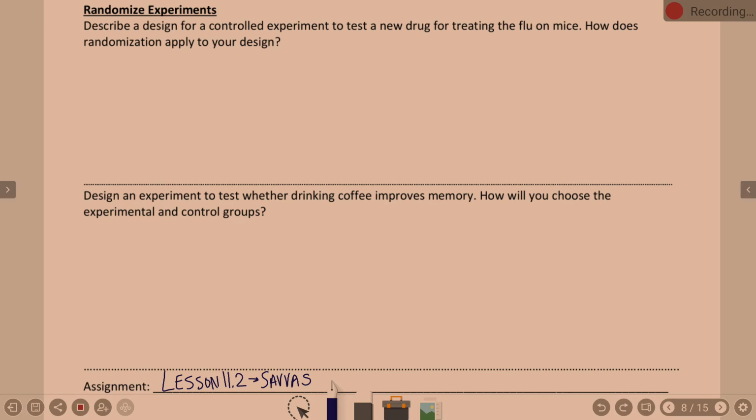So, I just have some basic kind of highlights written down. Randomly assign mice to two groups. Okay. You've got two groups of mice then. All the mice need to be infected with the flu, right?